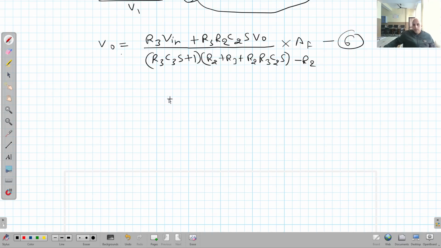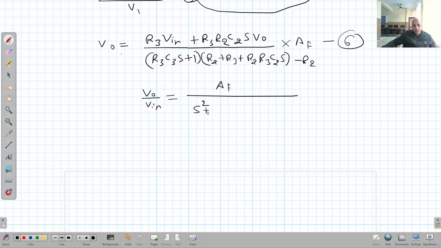Now we will rearrange this equation and simplify this equation for V output upon V input. Clear? We can do it. That will be AF. You can see it after simplifying this equation.